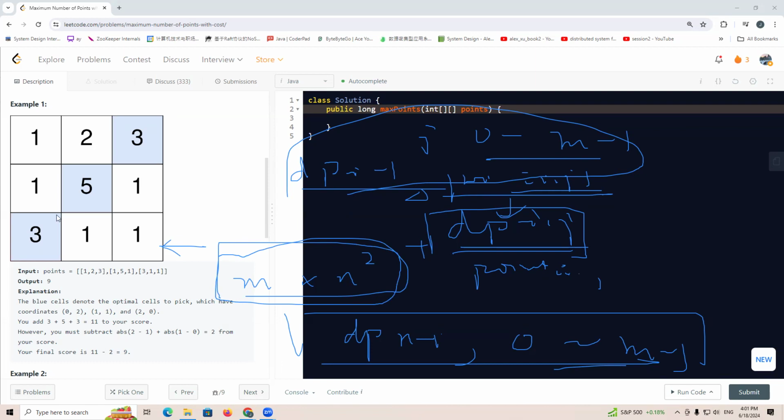So we should do something more efficient. When we observe this question, we'll find that there are a lot of things we calculate multiple times.